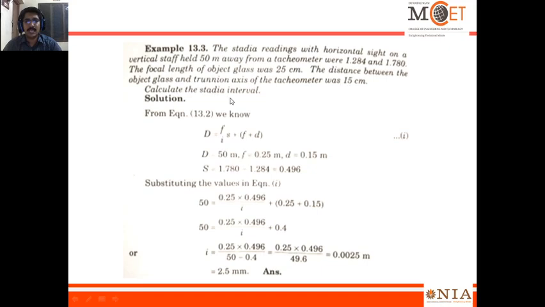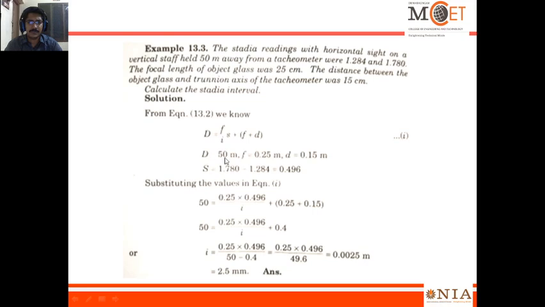Calculate the stadia interval I. What was given here is small d, the capital D is given as 50 meters, and the focal length f is given, and the stadia readings mean top and bottom, right? So we know the distance equation: D is equal to f by I times s plus f plus d.